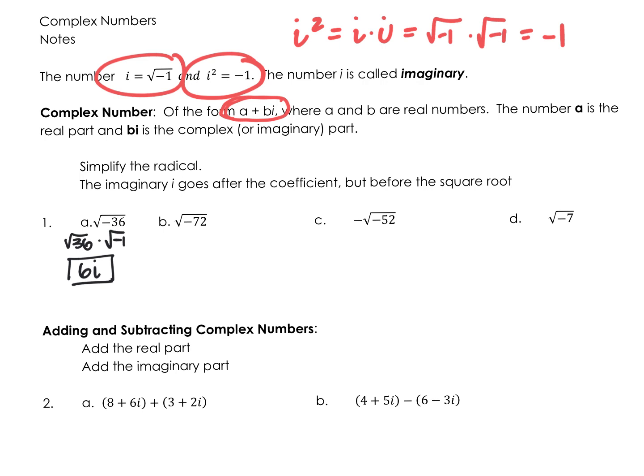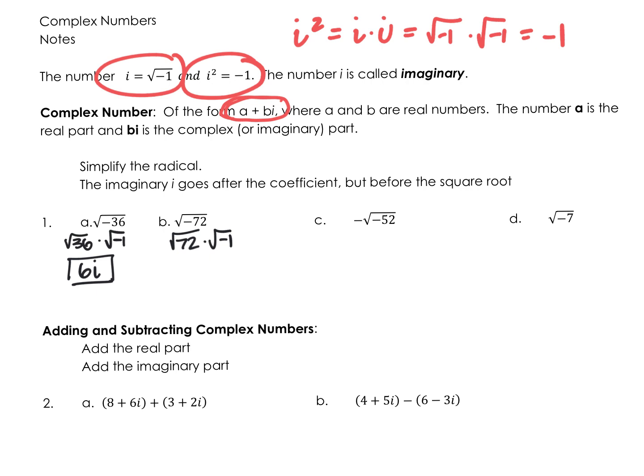So let's do that with b as well. We'll break this up into the square root of 72 times the square root of -1. But is the square root of 72 a perfect square like 36 was? No, 72 is not a perfect square like 36 was. So we're going to have to simplify this radical, right?